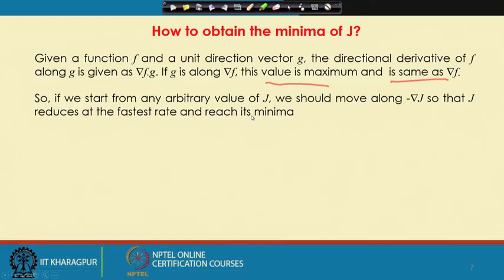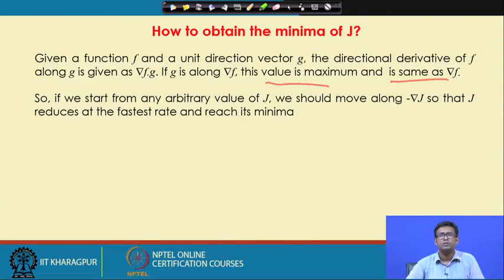So, if we start from an arbitrary value of j, we should move along minus grad j. If we go along grad j, the rate of increase is maximum. If we go along minus grad j, the reduction is maximum. So, if we start from an arbitrary value of j and move along minus gradient of j, then j reduces at the fastest rate and it will reach its minima.